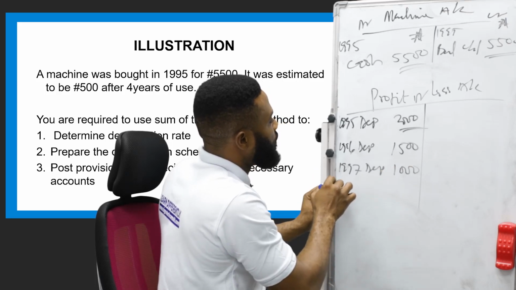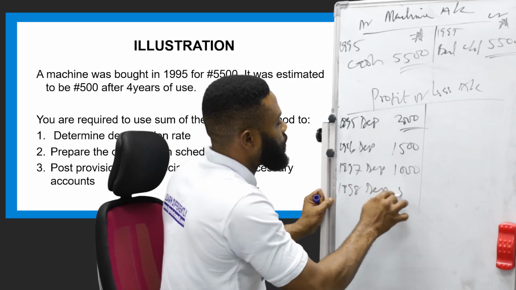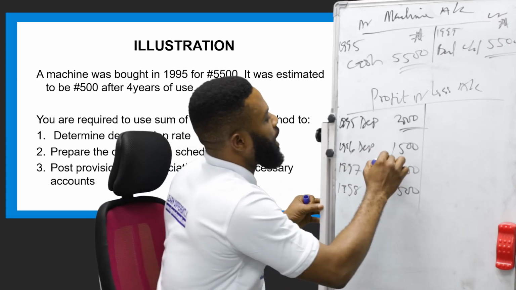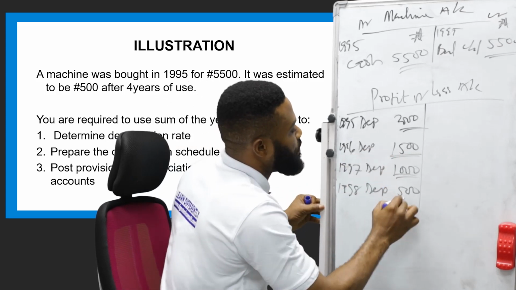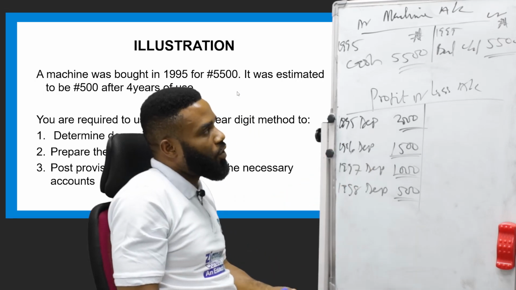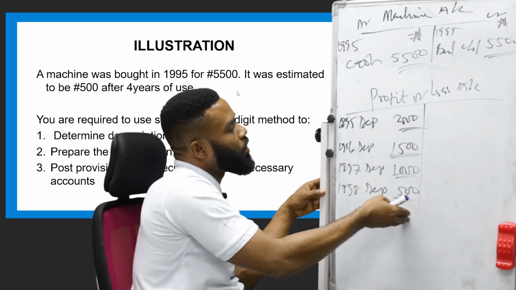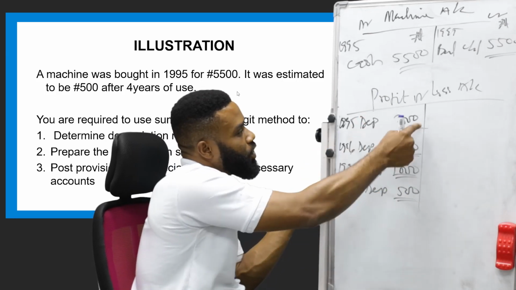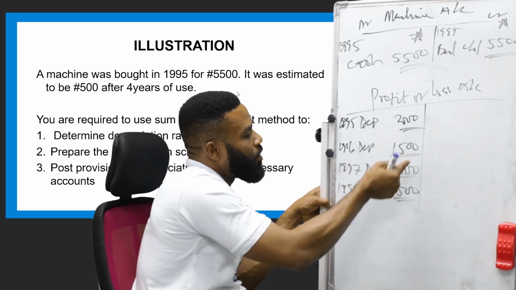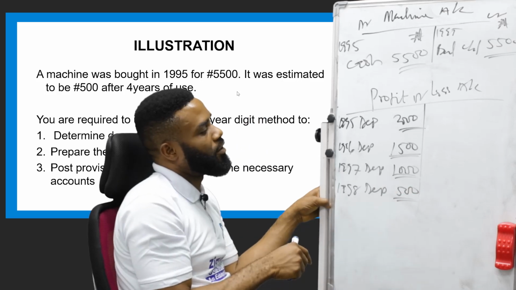And for 1998, depreciation was 500. These are the various depreciation. Anybody that looks at this will know that 1995 depreciation is 2,000, 1996 is 1,500, 1997 is 1,000, and 1998 is 500.